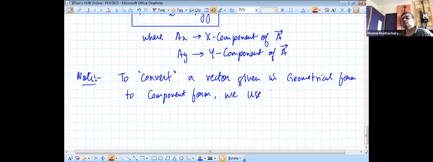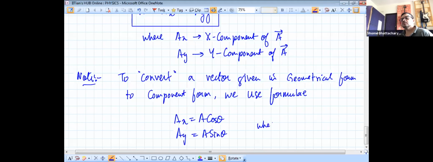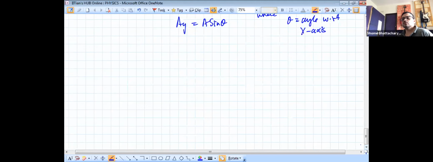We use the formula. Now the formula comes. The x component is A cos theta and the y component is A sin theta. So this is the formula, where A is the magnitude of the vector and theta is the angle with respect to the x-axis. I'll give you time to write down, just a minute.